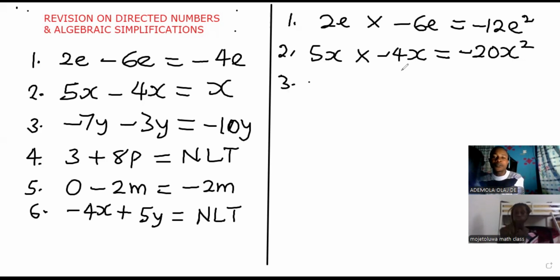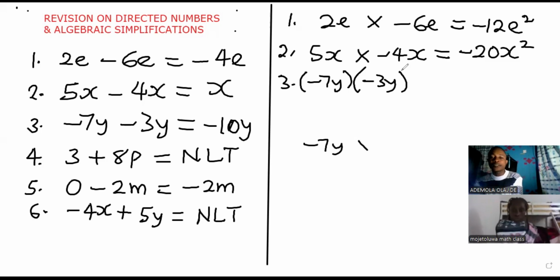Number 3, we have negative 7y to multiply negative 3y. Another way of showing multiplication, instead of writing it this way, the examiner may prefer to give you parentheses, brackets, to also perform the function of multiplication.